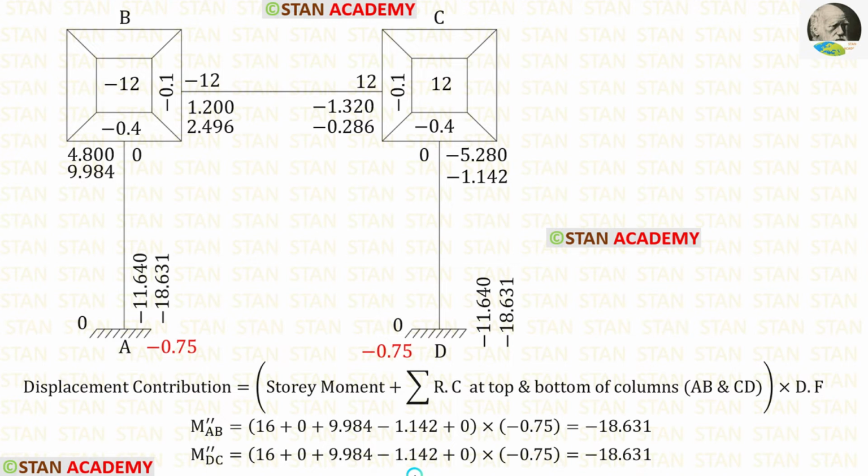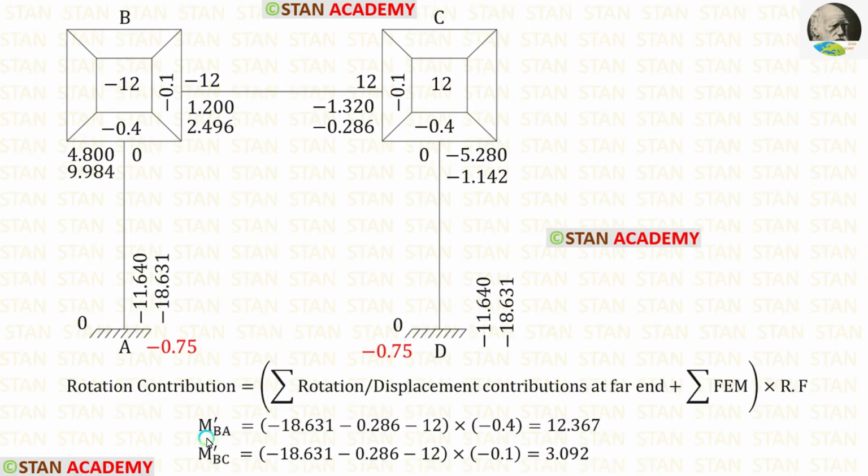Let us start the third iteration. Let us find M dash BA and M dash BC. In the point A, now we have the latest displacement contribution minus 18.631. In the point C, we have the latest rotation contribution minus 0.286.